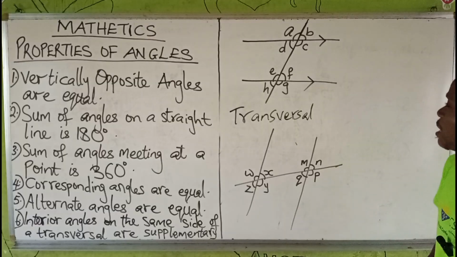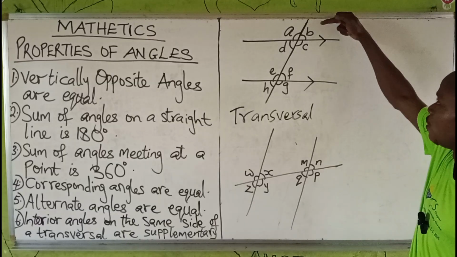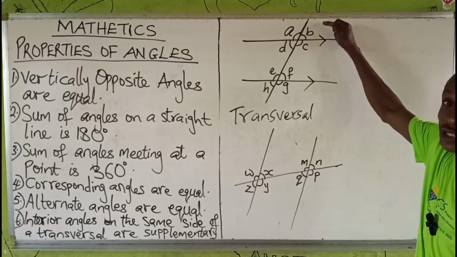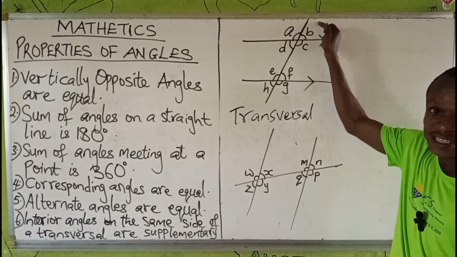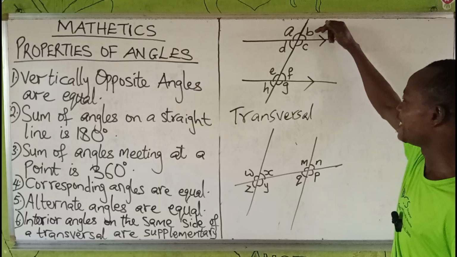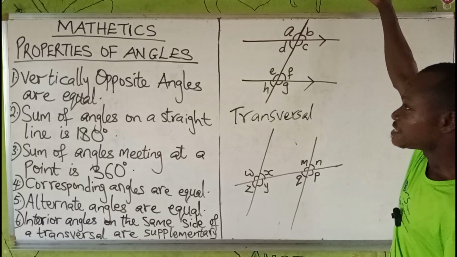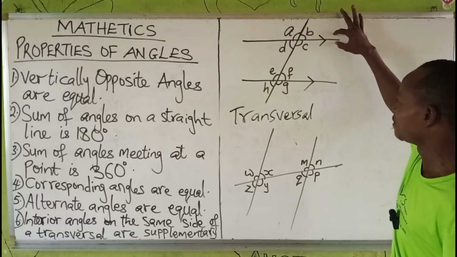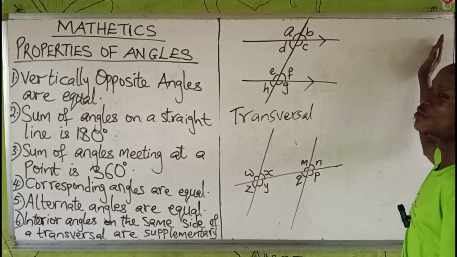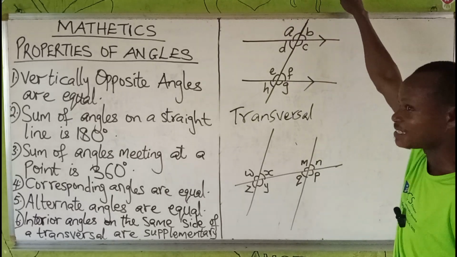Now, these are corresponding angles. If we look at this B, permit me to use the terms I'm about using now for better understanding. This angle B is occupying the top side of this parallel line, and at the right hand side. So let me say top right hand.